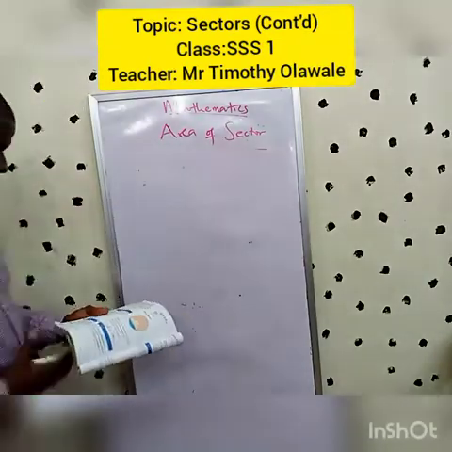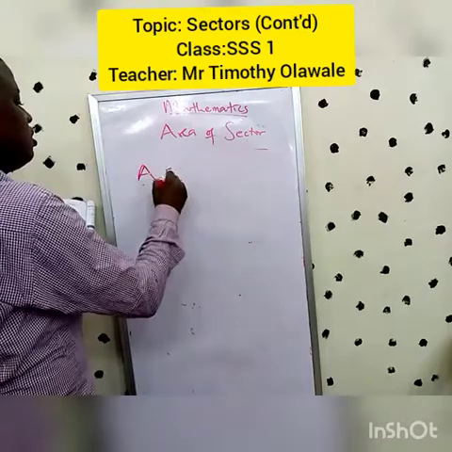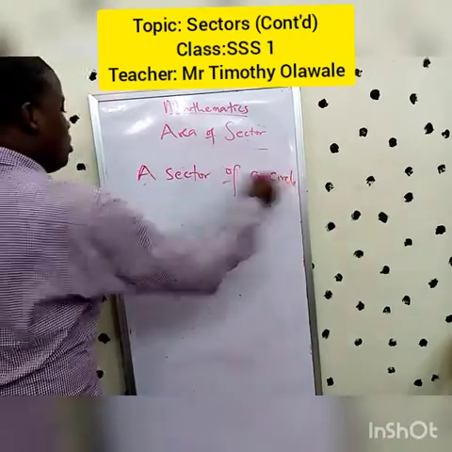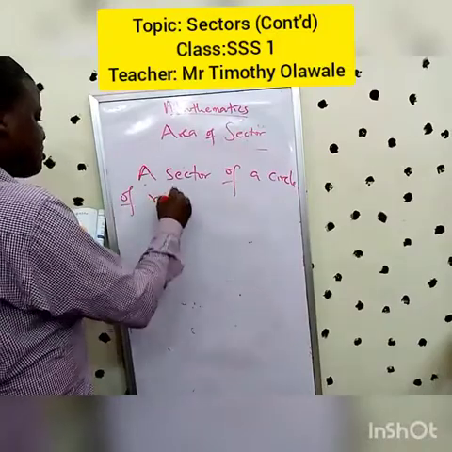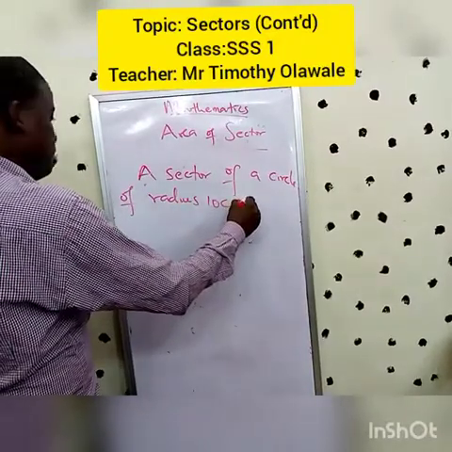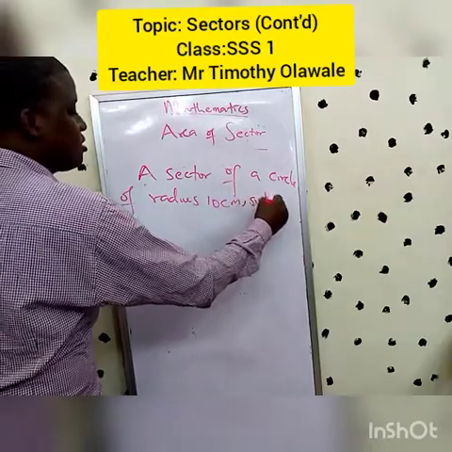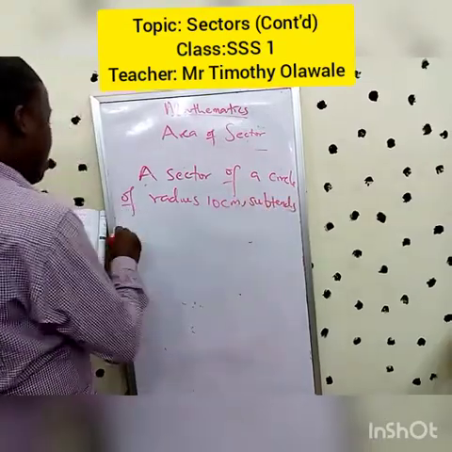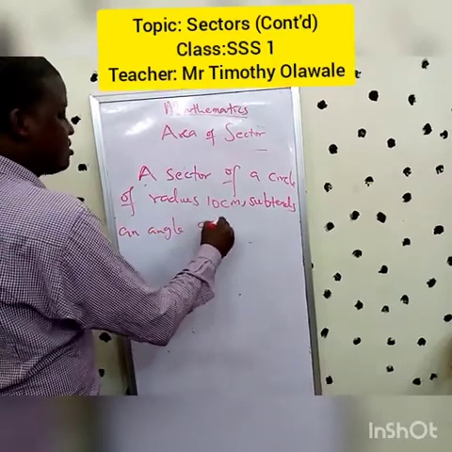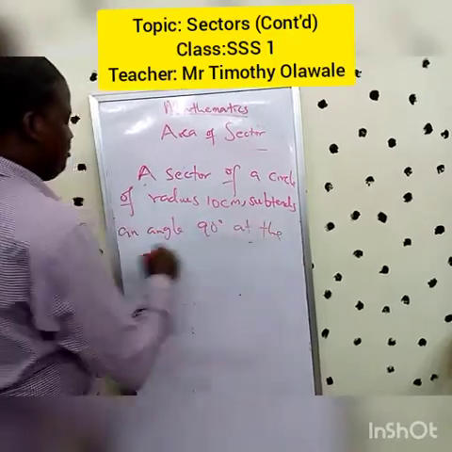Very good question. A sector of a circle of radius 10 centimeters subtends an angle 90 degrees at the center.